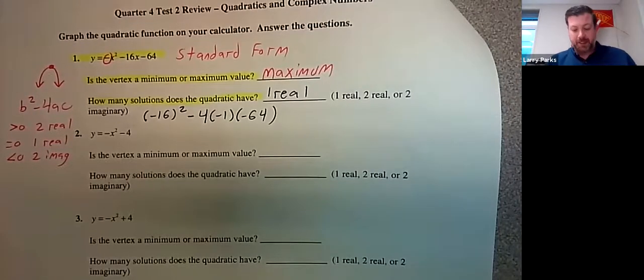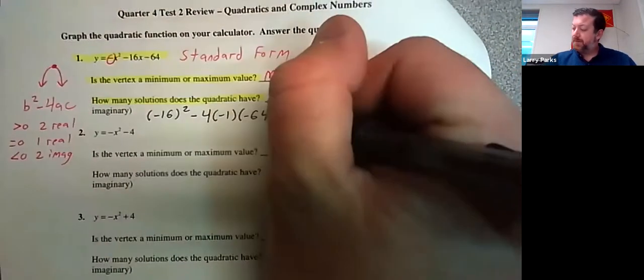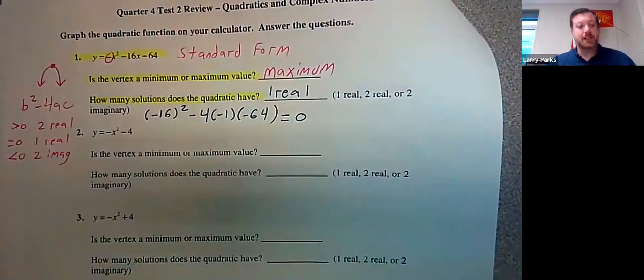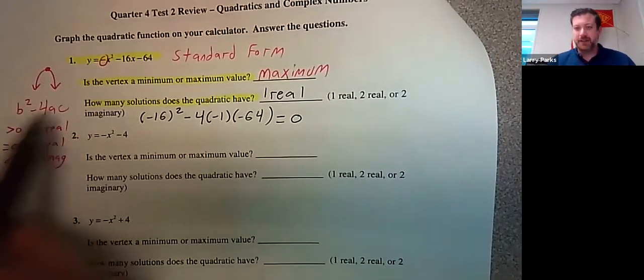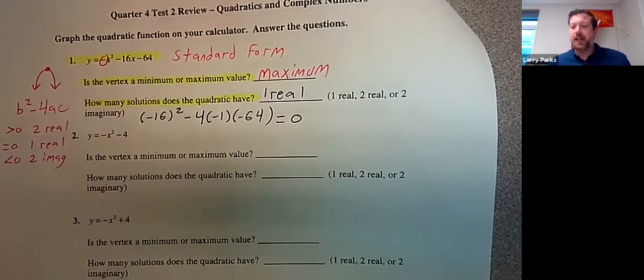If I type that in my calculator, I get 0. So because it's 0, I would say 1 real. Okay, so this is called the discriminant. This tells you how many solutions there are, or you could just look at the picture.